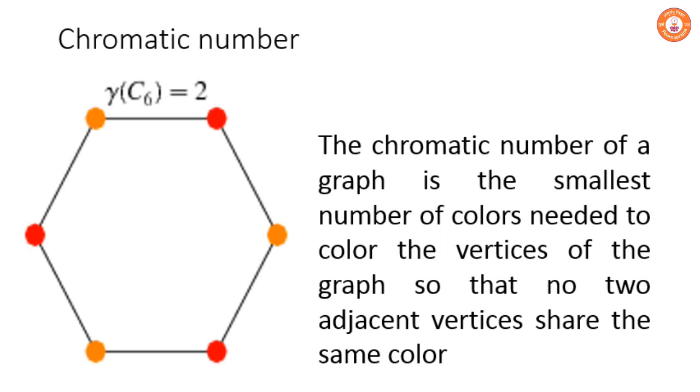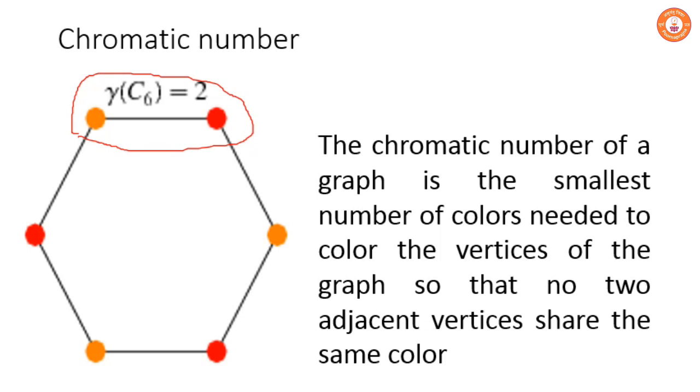This is a cycle on 6 vertices. The vertices of this graph can be properly colored in many ways, but using only two colors we can still color the vertices properly. Therefore we say the chromatic number of this graph is 2.